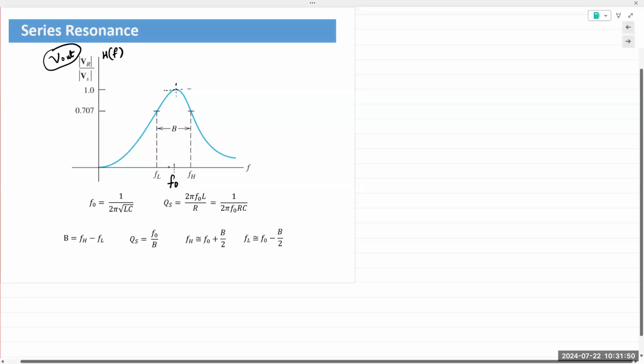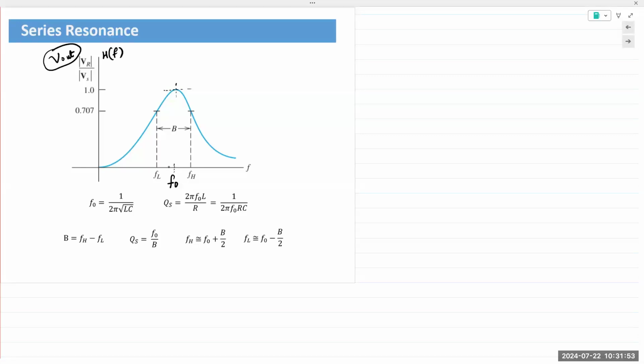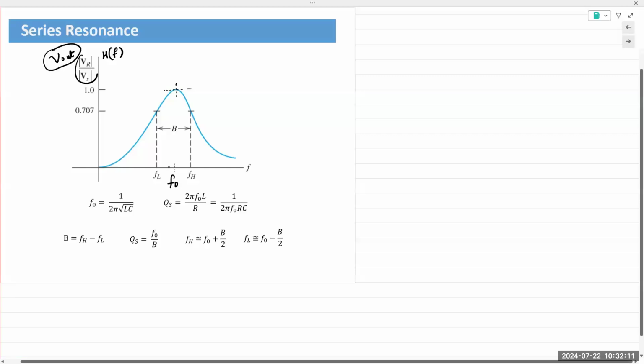Okay. We normalize it because all systems do not have the same voltages. So if you want to compare multiple systems together, then we normalize it. Because some systems might have millivolts as the input, some systems might have volts or tens of volts or hundreds of volts. So if you want to compare one system to another, we normalize everything. So if you normalize it, everything has a max value of 1.